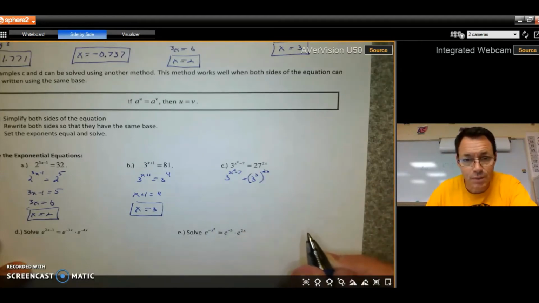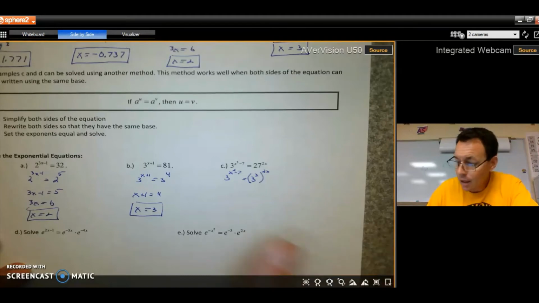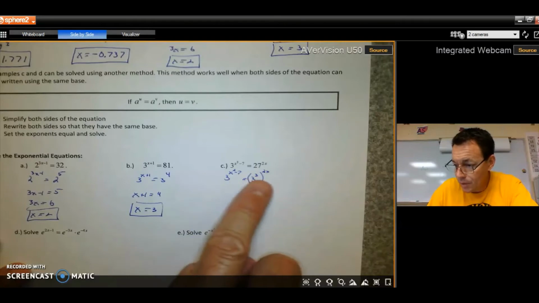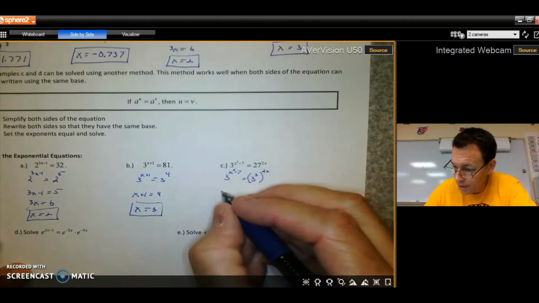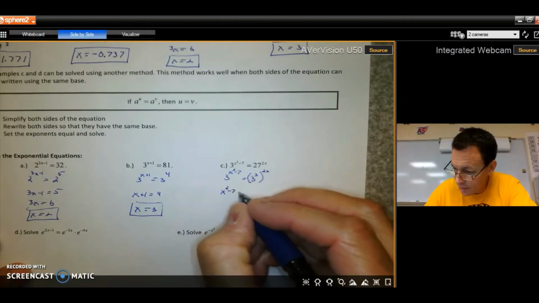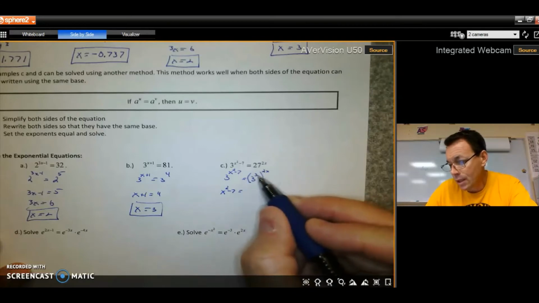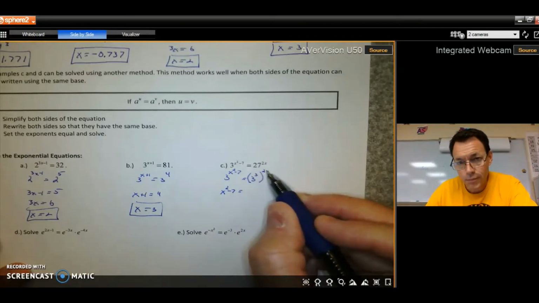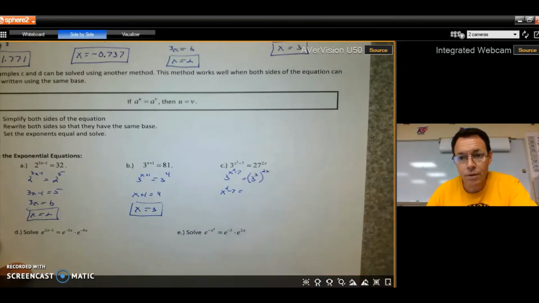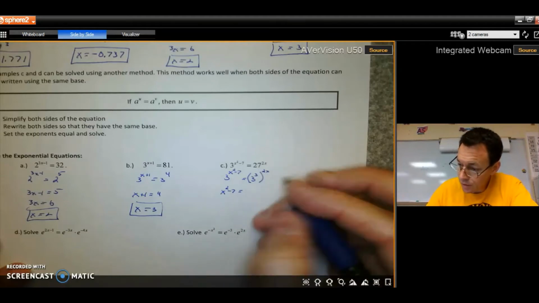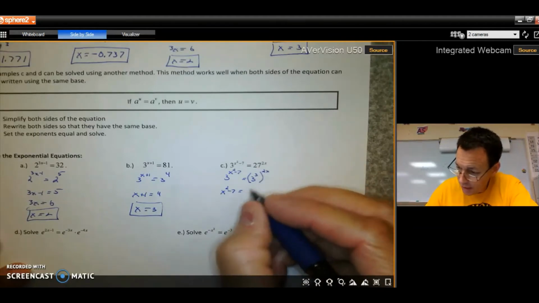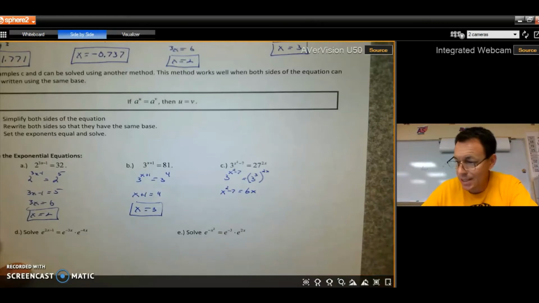All I did was rewrite the number 27. But now my bases are the same. So if the bases are the same, the exponents have to be the same. Over here, I have an x squared minus 7. Now over here, I had a power to a power. And if you take a power to a power, you multiply them. So the 3 and the 2x just multiply together, and I can just write that as 6x.